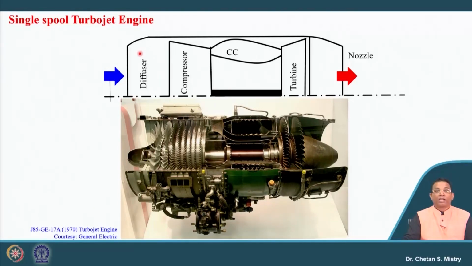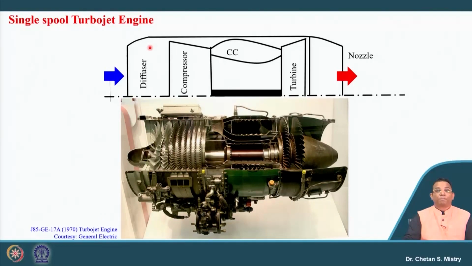Now if we look carefully, since my area is changing, that means we can say this is diffusing my flow, meaning it is decelerating my flow. We can understand, if we consider our commercial flights, they fly at a maximum in the range of Mach 0.8, 0.85. In the same way, military engines fly above Mach 1, maybe 1.4, 1.6 to 2.2.